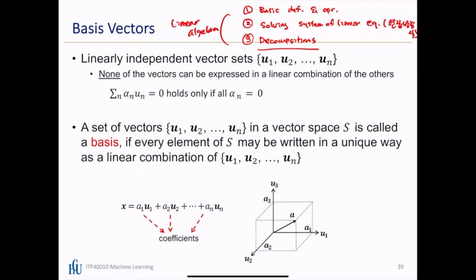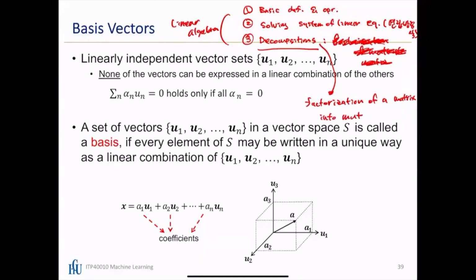And number three, decomposition, means that given a matrix, we try to separate it into a factorization of multiple matrices. So decomposition is the factorization of a matrix into multiple smaller matrices.